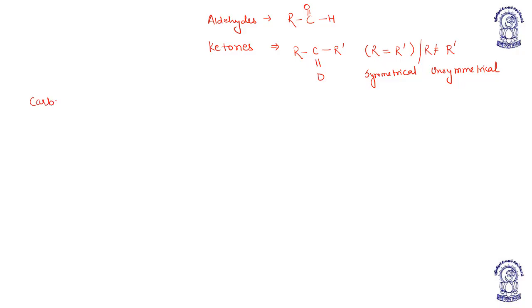Carboxylic acids have a carboxyl group. For example, RCOOH.